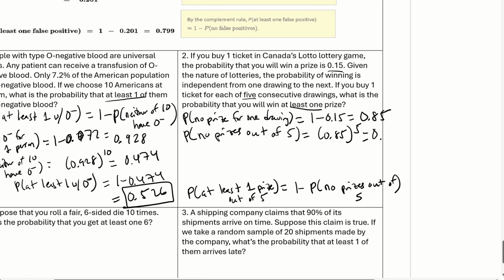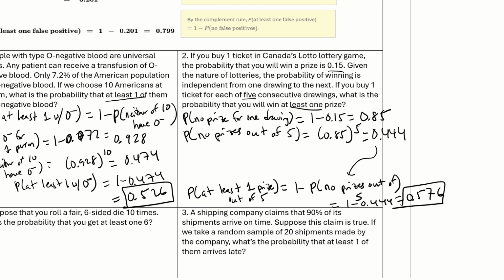Yeah, so 0.444. And then we can plug it into here. So do 1 minus that to get our final answer. Equals 0.556, I'm sorry. This one's 526 and that one's 556. Interesting, the numbers.